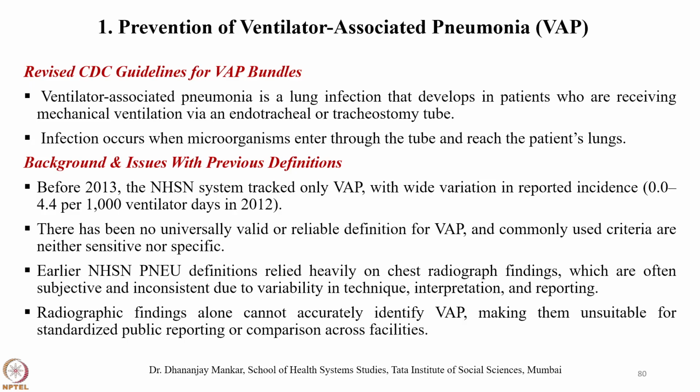So, what you need to work on with respect to the previous definitions and the current development? Radiographic findings alone cannot accurately identify VAP, making them unsuitable for standardized public reporting or comparison across facilities.